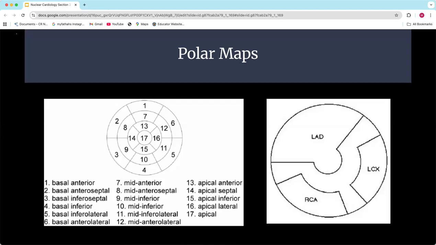I feel like it is so hard to differentiate between diaphragm or breast tissue when it brings up a false positive. Yeah, that's a good question.